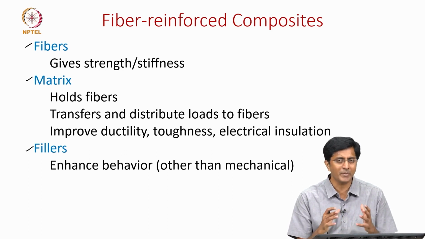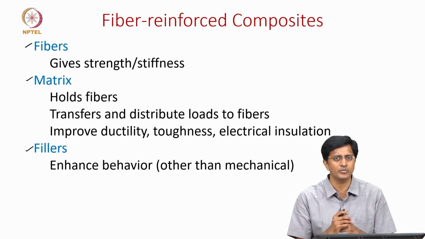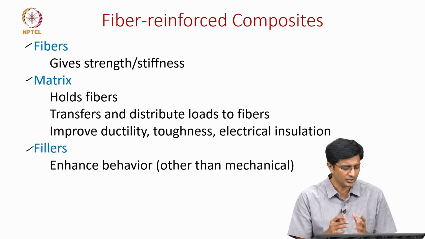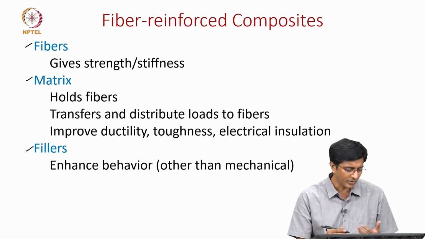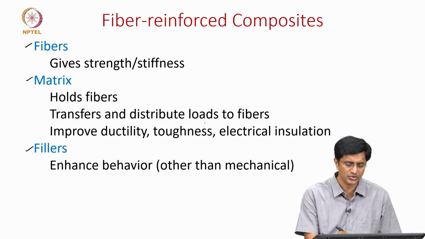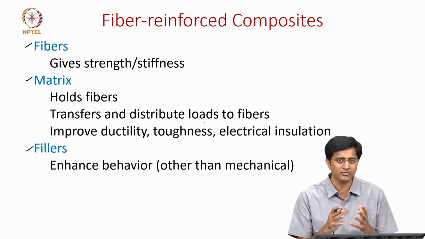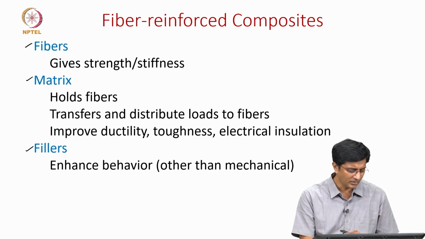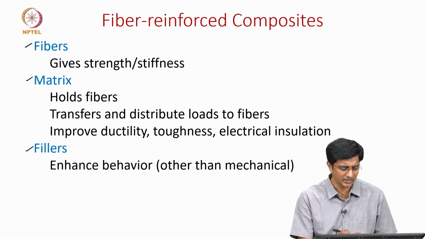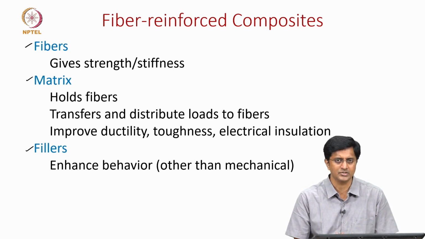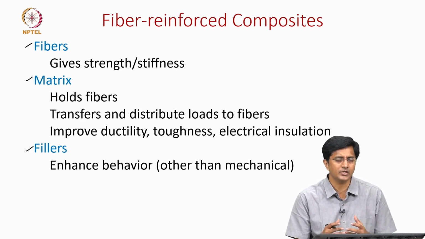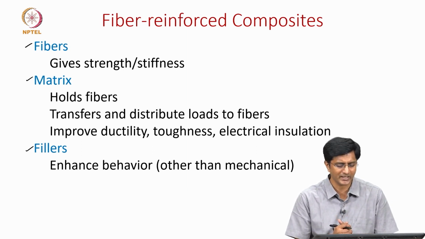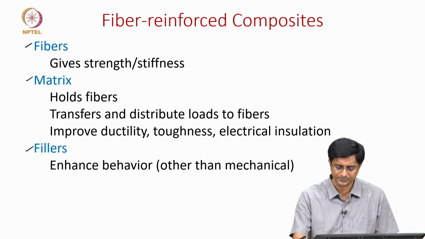That is why we need a matrix material to hold these fibers together. In addition to holding, the matrix does several other things: transfer and distribution of loads is better done with the matrix, and it also improves the ductility, toughness and the electrical insulation. And lastly, we mentioned fillers are there to enhance other properties in addition to the mechanical properties.